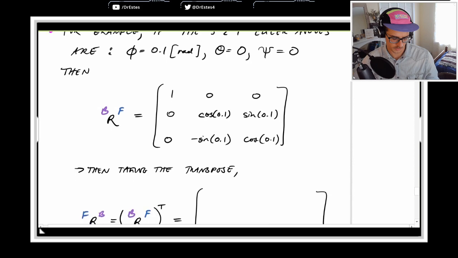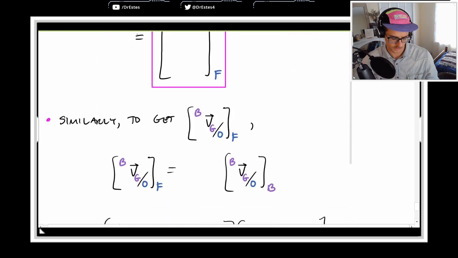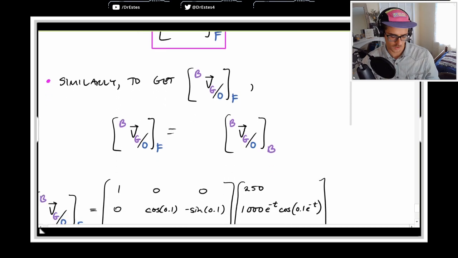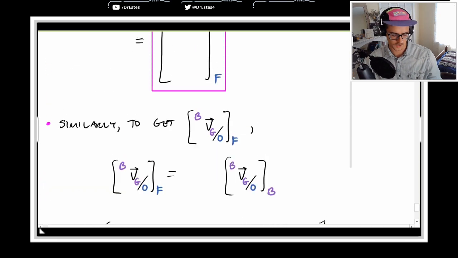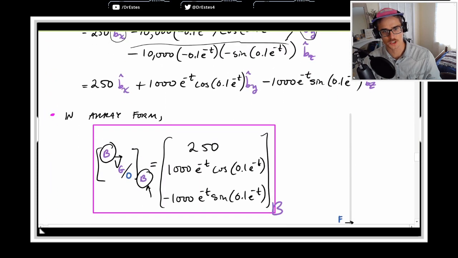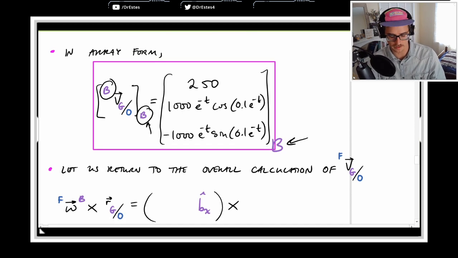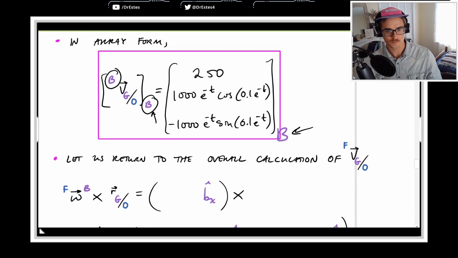I think I wanted... Okay. No, you know what? I don't want to screw up the order here. Let's just keep going in the order that I originally put in here. So we'll get to expressing this in F-frame. It's going to be a rotation matrix that takes us there.